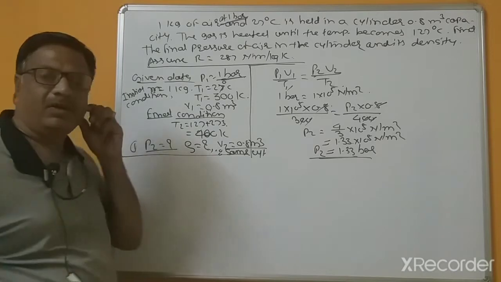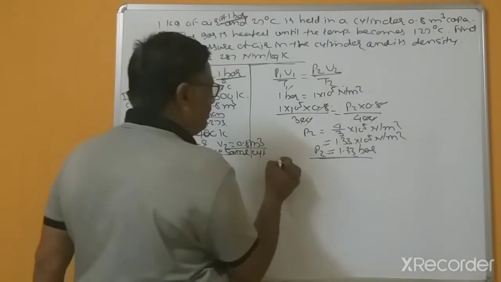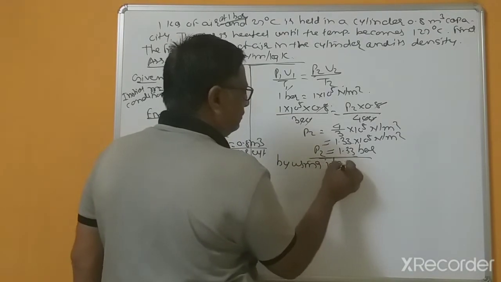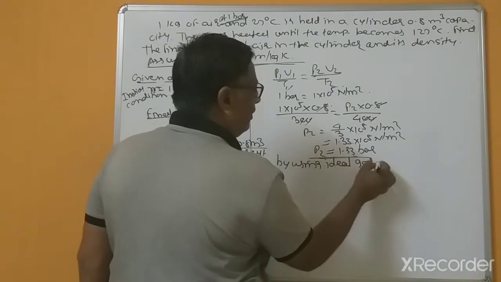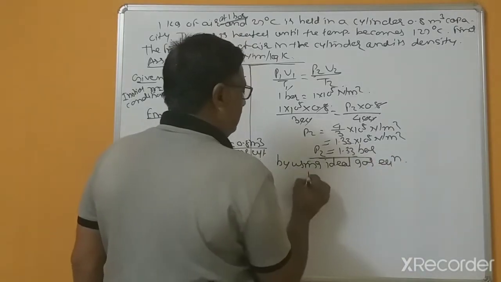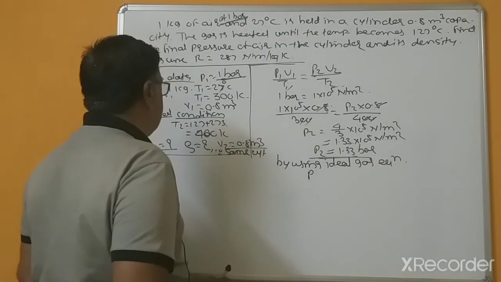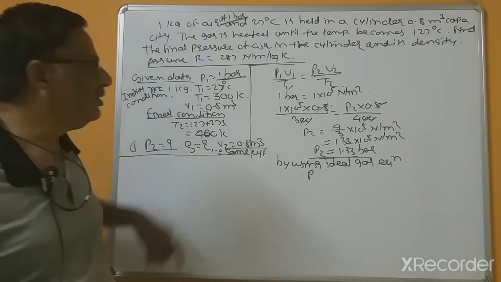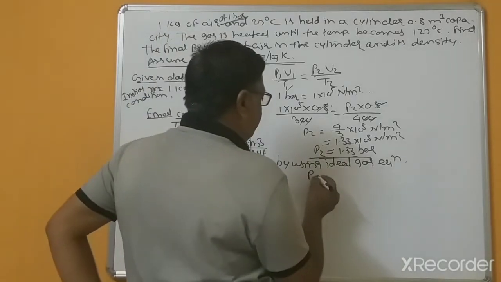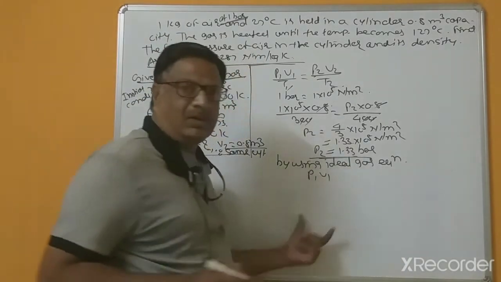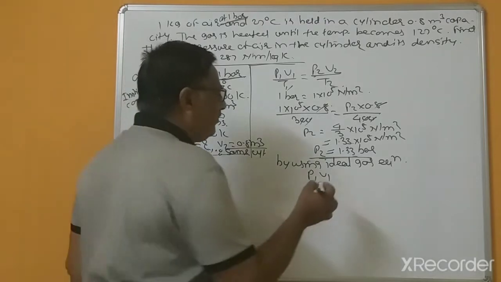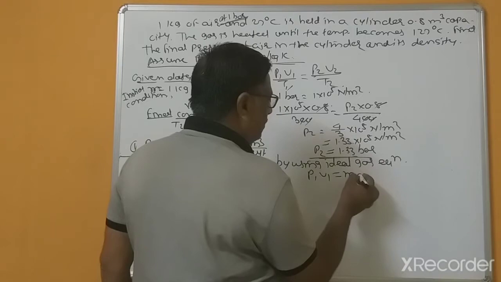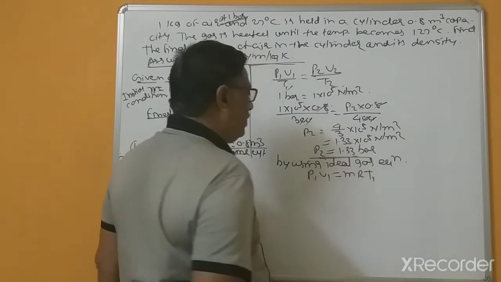So what is the second bit? Now by using the ideal gas equation, we can use any equation because here initial mass is 1 kg. This is given. So everything is known. P1 V1 equal to M R T1. So P1 equals M divided by V, that is volume, into R into T1.